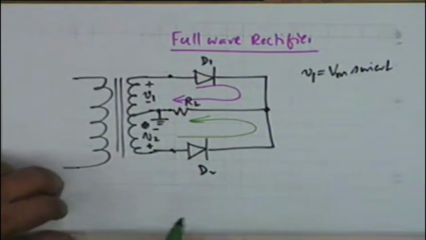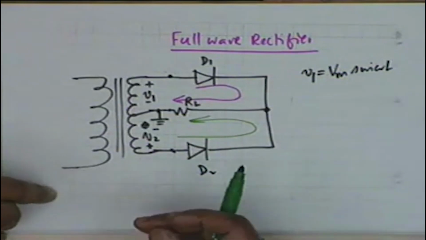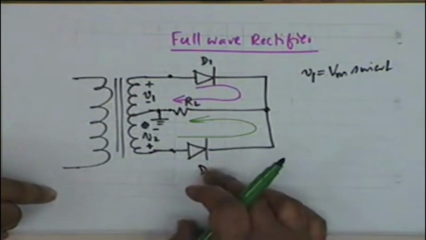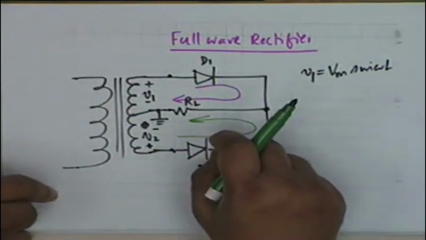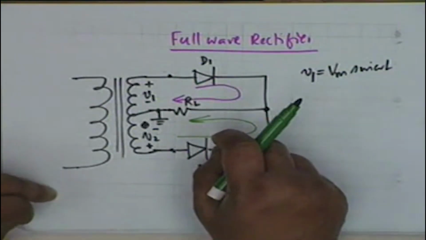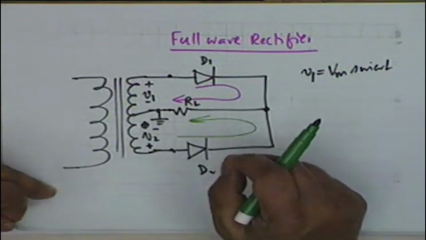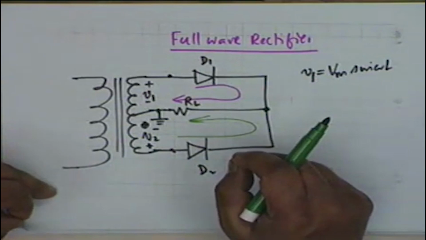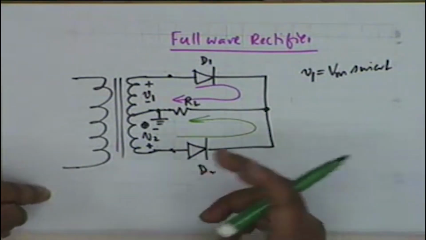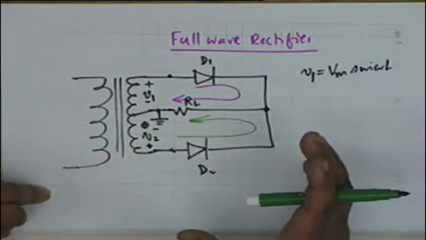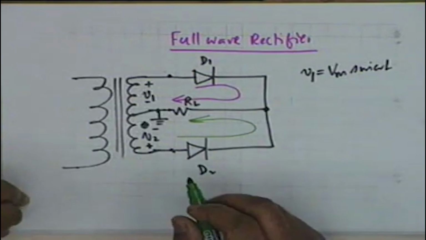The cost of a diode is much less than the cost of a transformer, and the total cost of this circuit is much higher than the cost of the bridge rectifier circuit, and therefore the bridge rectifier circuit is very popular in non-critical applications, where the diode non-idealness is not of great concern and does not affect your performance very badly.